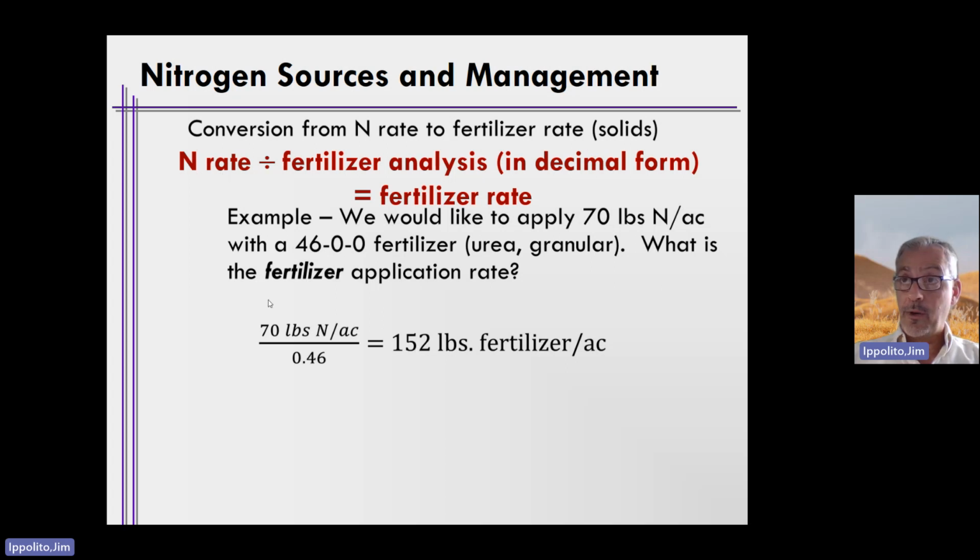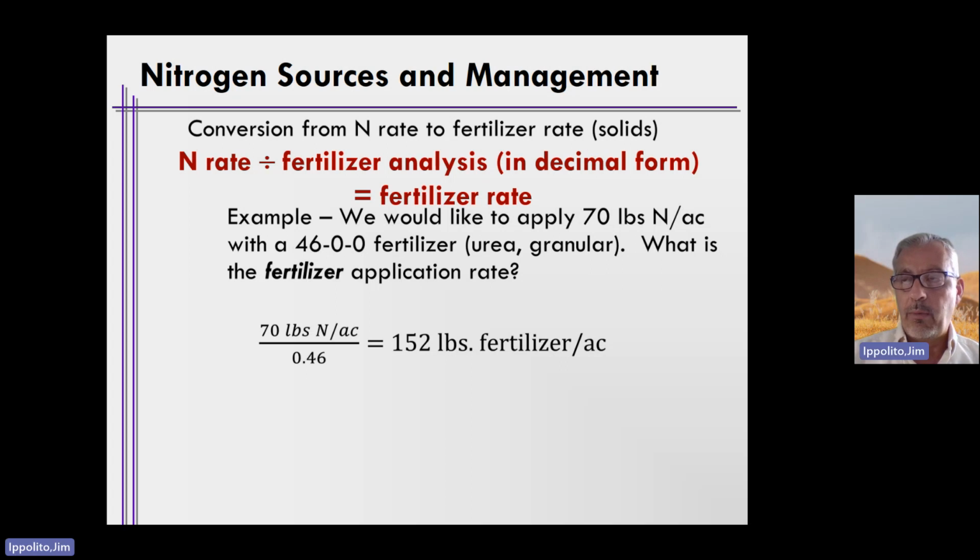And so here is the math. We're targeting 70 pounds of nitrogen per acre, and the fertilizer itself has 46% nitrogen, but we divide by the decimal form, 0.46. And that tells you that a producer needs to apply 152 pounds of urea fertilizer per acre.